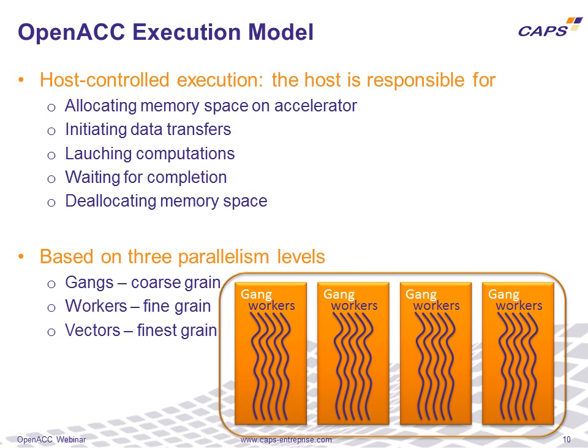To distribute computations, OpenACC introduces three levels of parallelism: gangs, workers, and vectors. Gangs correspond to the highest level of distributing computations, among GPU multiprocessors, for example. Workers correspond to an intermediate level and vectors to the finest. But take care, this implementation is compiler dependent.